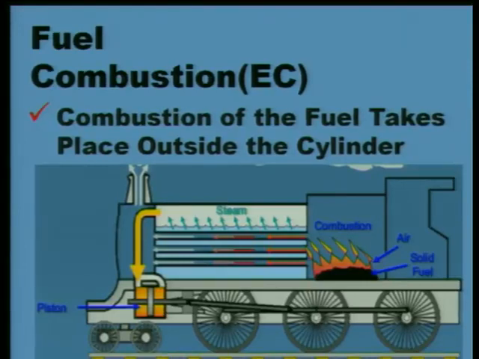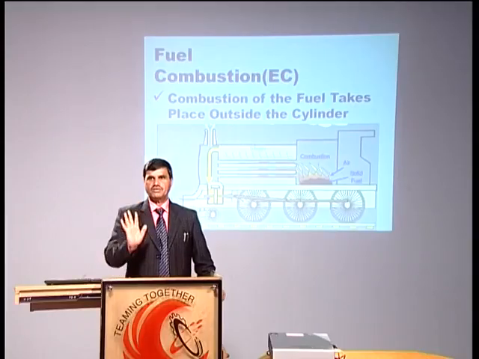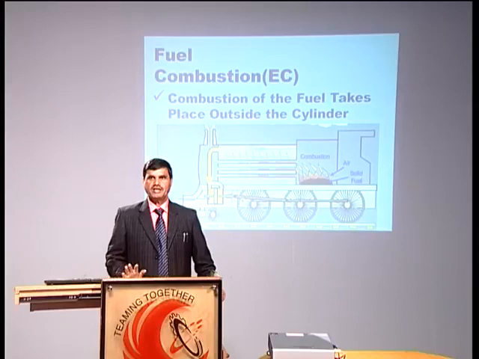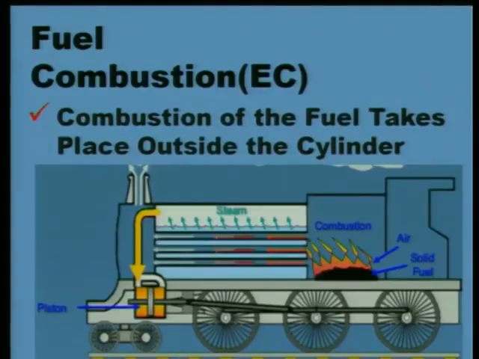So, in an external combustion engine, combustion takes place outside the engine, and that example is also clearly indicated here. It is a boiler, and inside the boiler heat is generated, and that heat converts water into steam. That steam may be superheated, wet steam, or saturated, according to requirements.